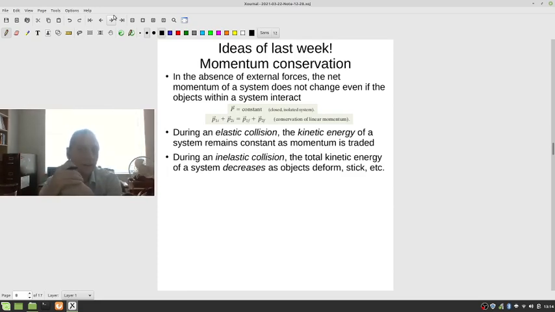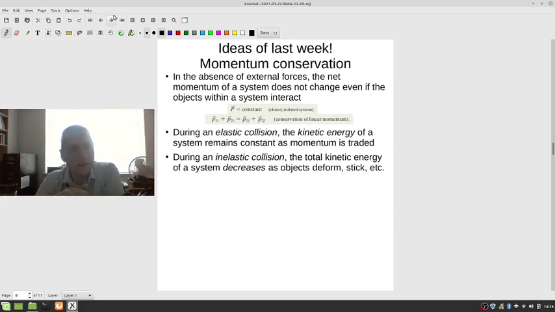We talk about elastic collision, where the sum of all of the kinetic energy of your objects in a system before the collision stays the same as the amount of kinetic energy in all your objects after the collision. A pool table works approximately like that. However, the kinetic energy of each object changes over the course of the collision.